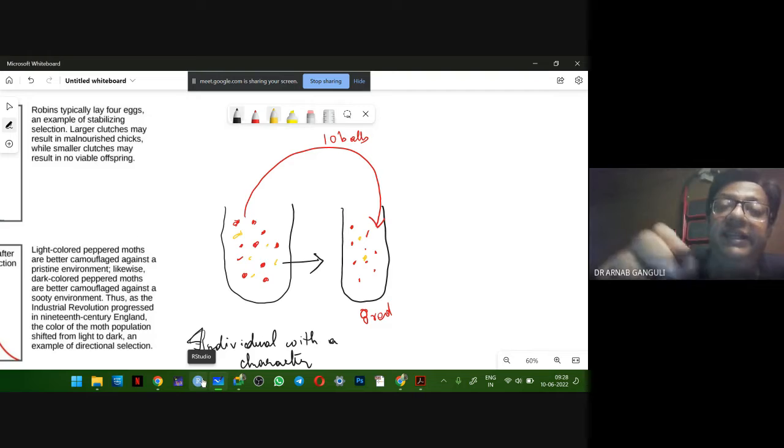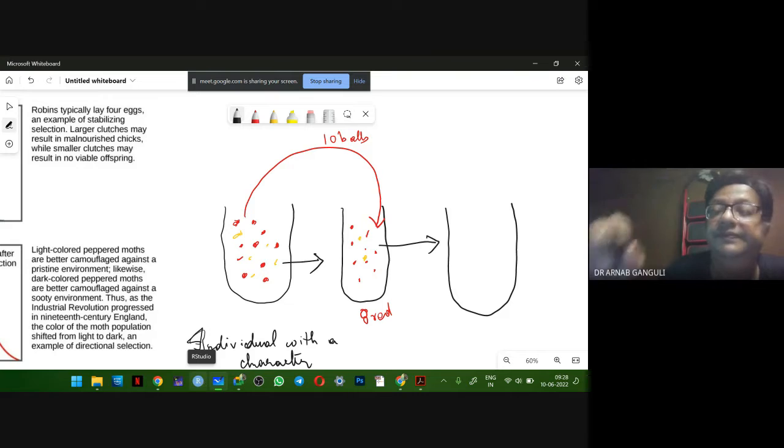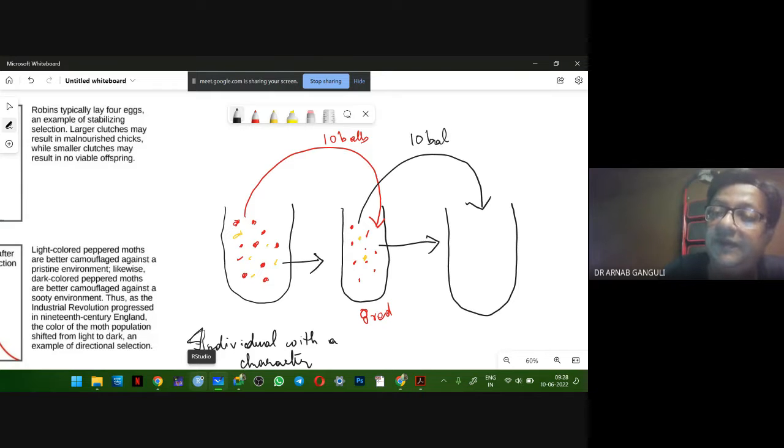Then in the next generation, they divide. You are told to pick another 10 balls, say 5 balls.